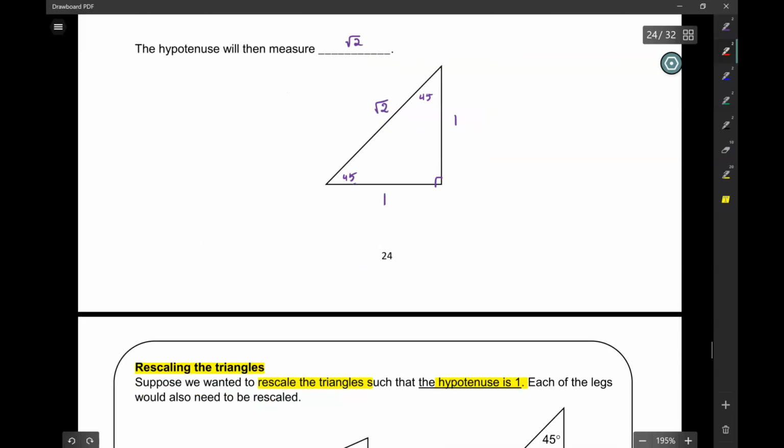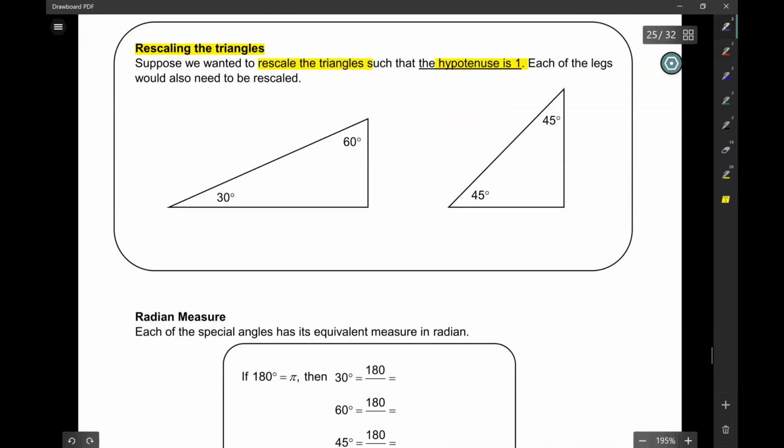So now my rescaled triangle has sides 1, 1/2, √3/2. Okay? Somebody with their calculator out, can you, okay, so 1/2 we know is 0.5. Can you plug in √3/2 and tell me how much that is?